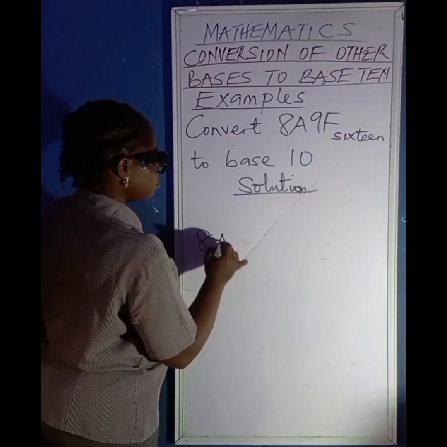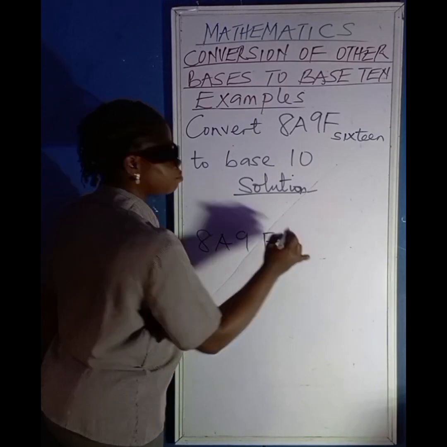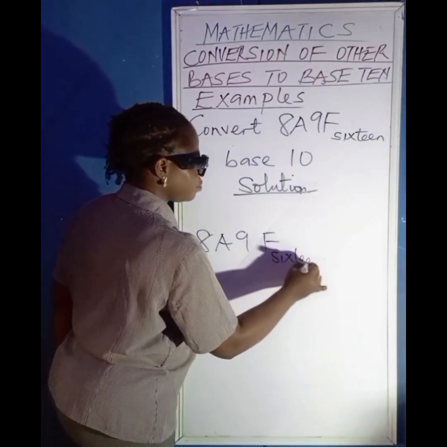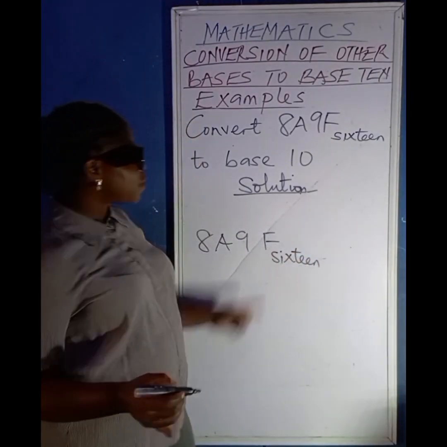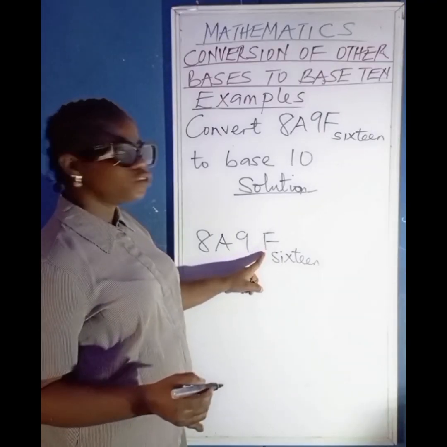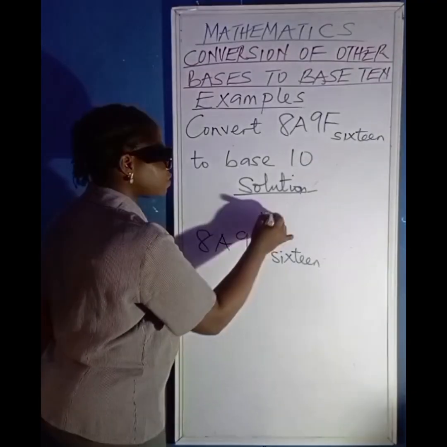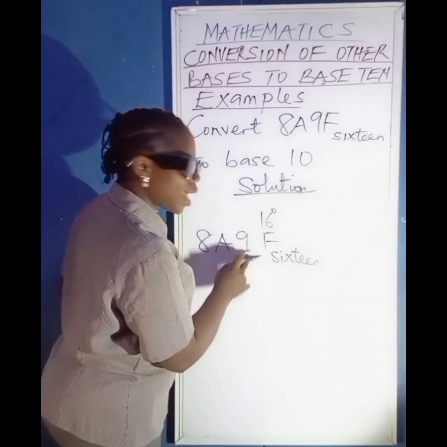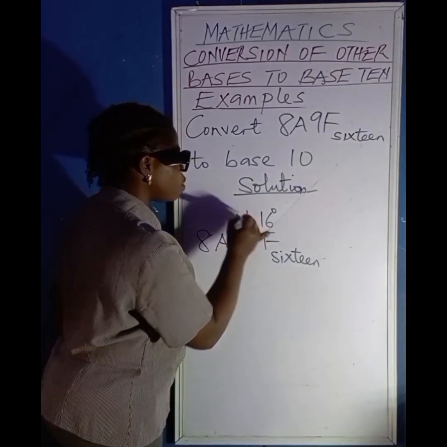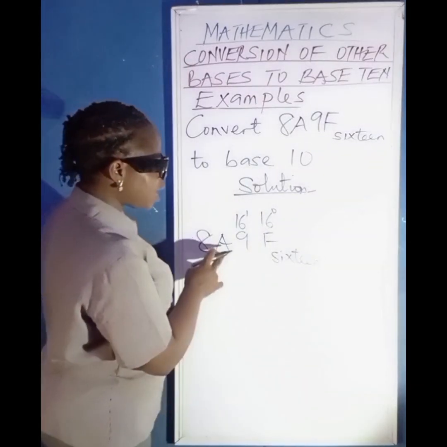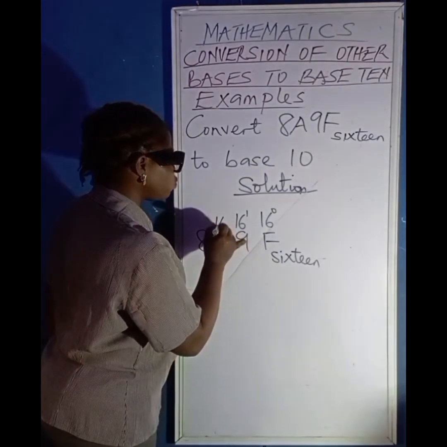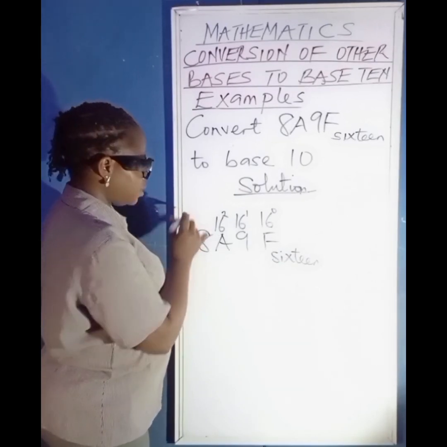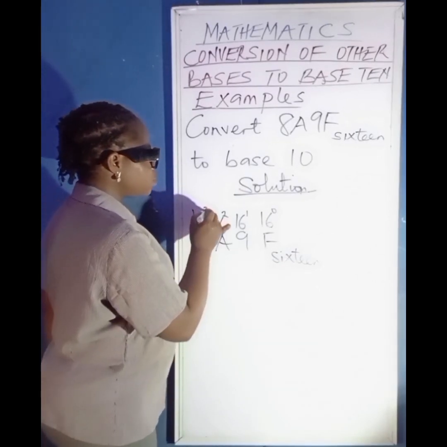You will see how I make use of this in conversion now. 8A9F in base 16. The place value of F is the unit, which is 16 raised to power 0. The place value of 9 is 16 raised to power 1. The place value of A is 16 raised to power 2, while the place value of 8 is 16 raised to power 3.